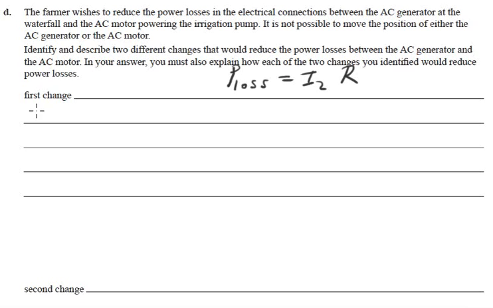So the first change is, let's write this in our answer, P loss equals I squared R. So decreasing R of lines.